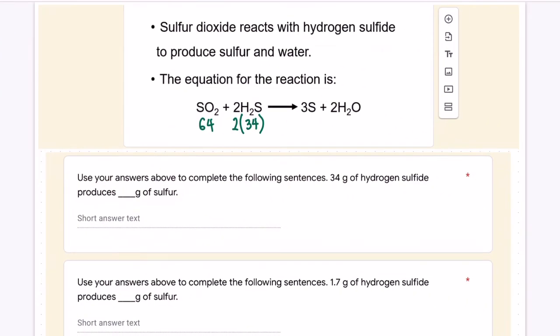Okay, so the question is asking, 34 gram of hydrogen sulfide will produce how much of sulfur. So you need to take 2 of the things in the question and make it to the ratio form. So the first thing is the hydrogen sulfide.